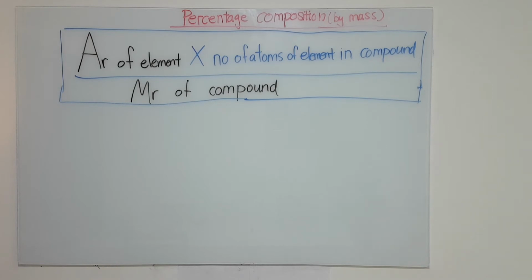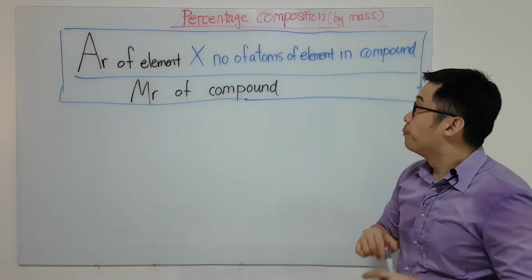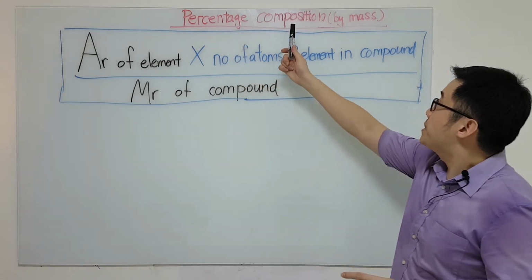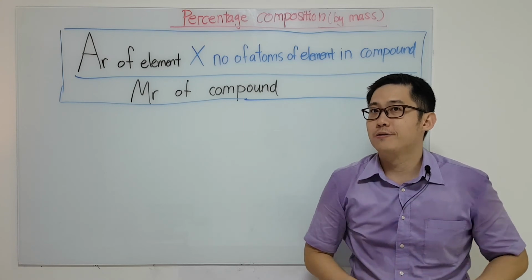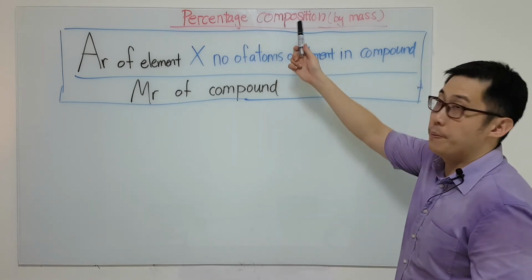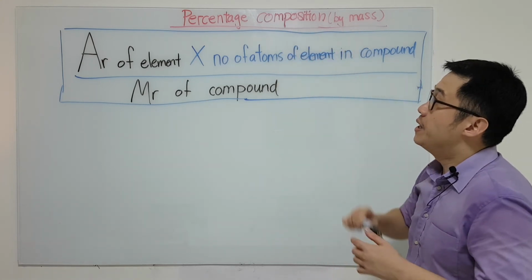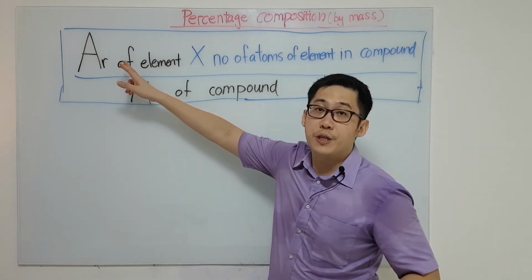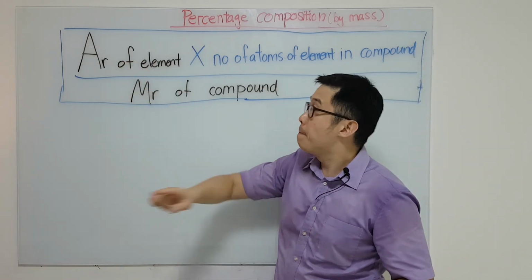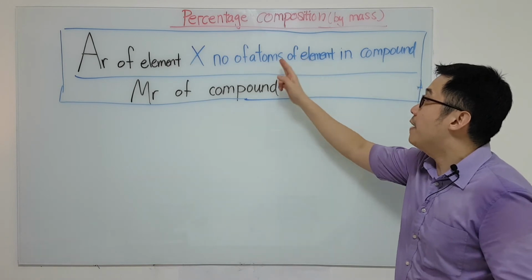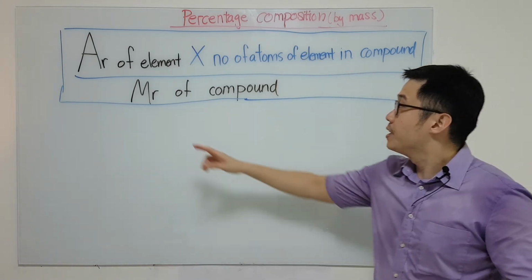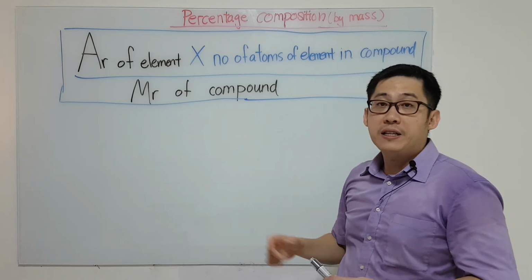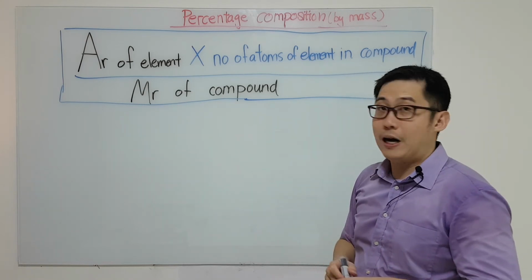Allow me to read this for you. The percentage composition by mass of an element in a certain compound is the relative atomic mass of that element multiplied by the number of atoms of the element in the compound, divided by the relative molecular mass of the compound.